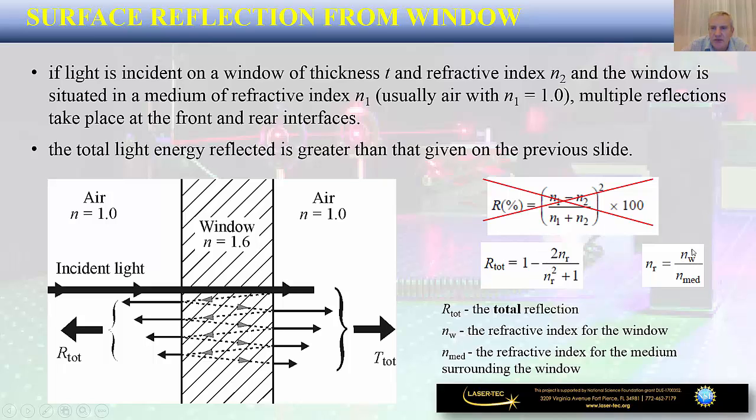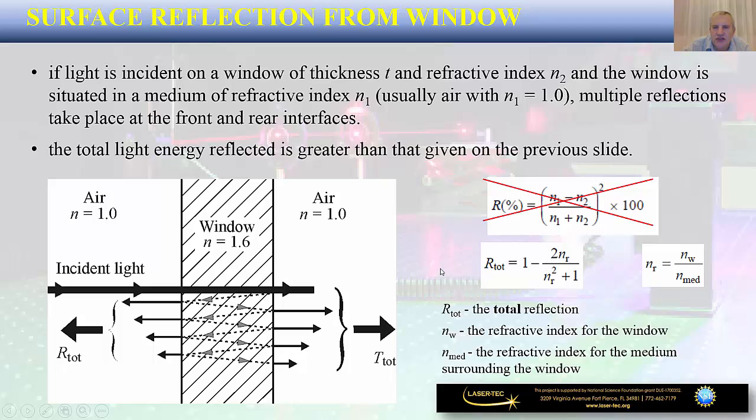So you're going to take, again, 1.6 over 1, come up with a value for n subscript r, and then substitute the value of this n subscript r factor into the formula on the left-hand side and calculate the total reflectance.